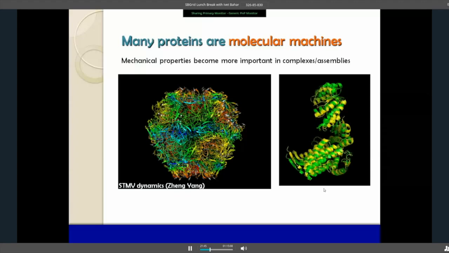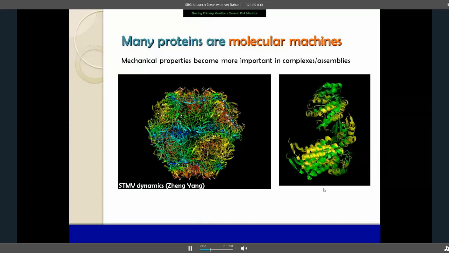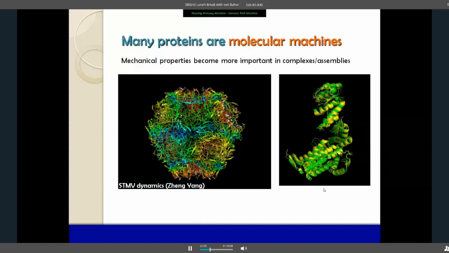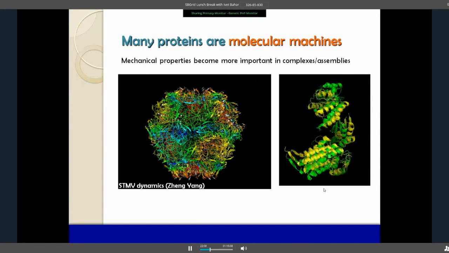So what we are essentially doing is to take the PDB resolved structure, map it into an elastic network model representation, and then analyze what its most probable motions are. On the left, you see the capsid. On the right, there is a subunit from the GroEL, again showing how the structure reorients itself upon ATP binding, for example.